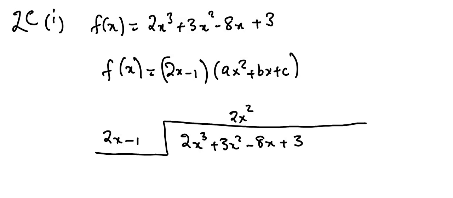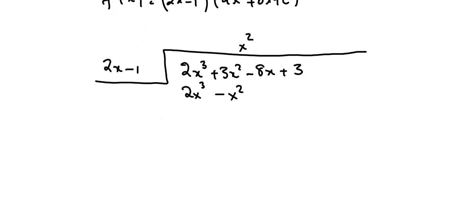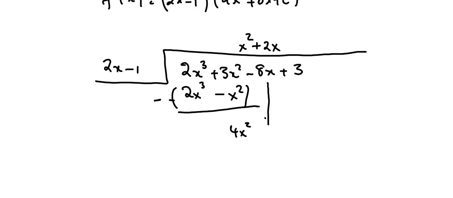We multiply, that's going to give us a 1 here. So that if we multiply, we get back 2x cubed minus x squared. Then here, we can find the difference. The difference will just give us 4x squared. Divide this, this is going to be 2x. We bring down this.